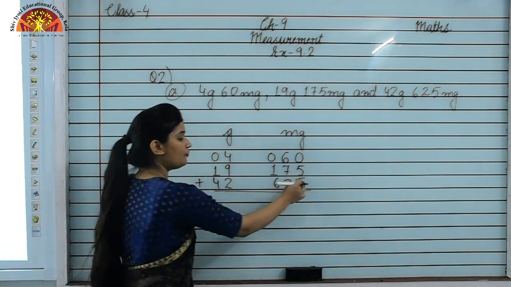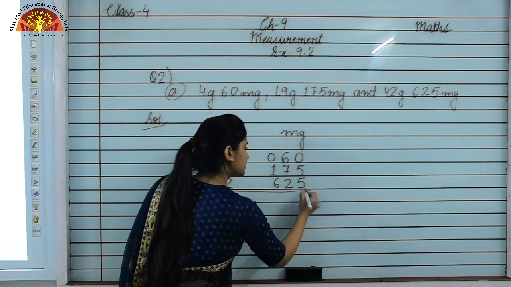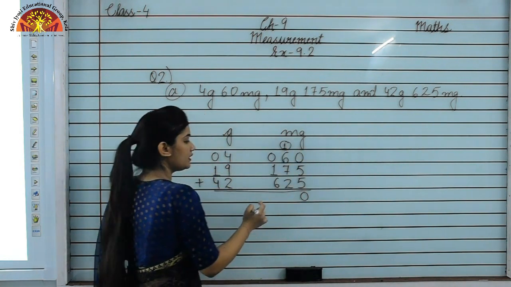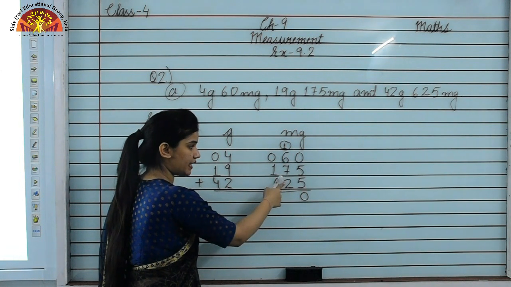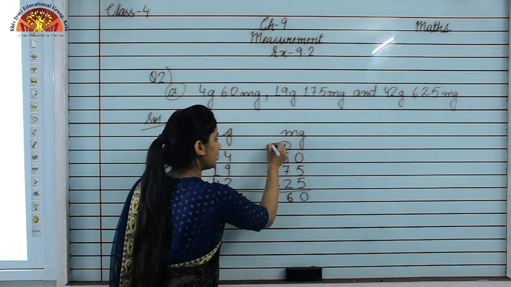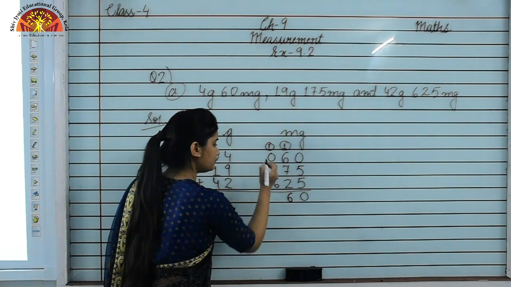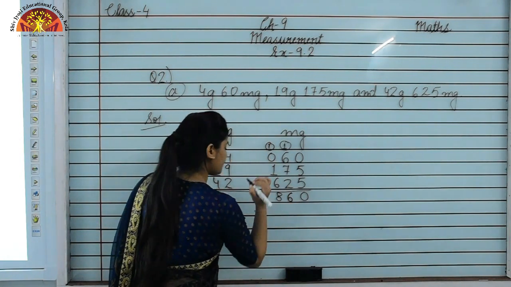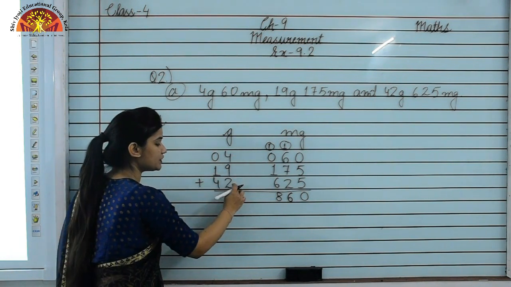Simply we will add 5 plus 5 is 10 plus 0 is 10. So I will write 0, 1 carry over. Then 7 plus 1, 8 plus 2, 10 plus 6, 16. So 6 and then 1. 6 plus 1, 7 plus 1, 8 plus 0, 8. Okay. Now 9 plus 4 is 13 and 13 plus 2 is 15.